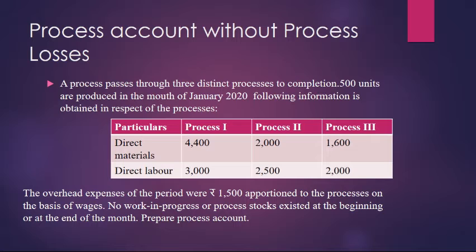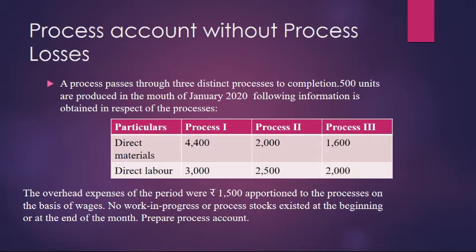That is, here direct labor is given. On that basis, these overhead expenses will be charged in the ratio of 3000 to 2500 to 2000. The total will be taken in the denominator, and the numerator for process 1 will be taken as 3000.